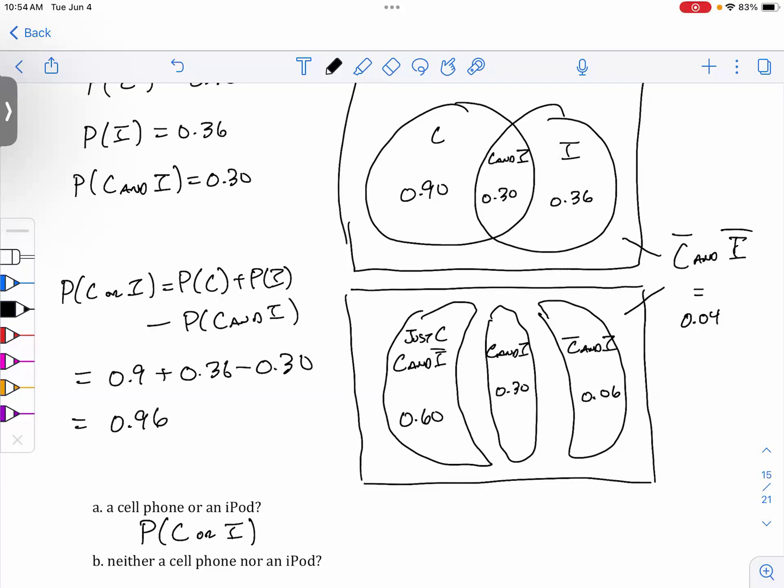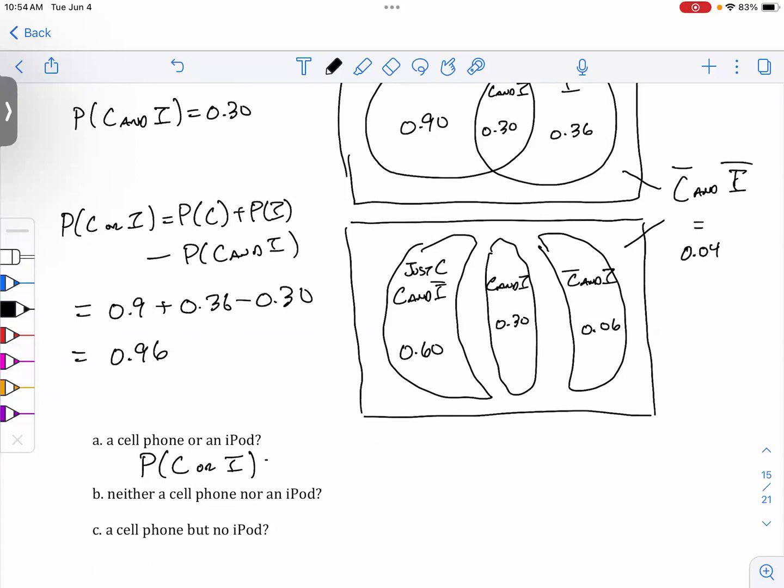But wait a second. That's the summation of those three numbers that I found right there. And that's the really nice thing about drawing the pictures. I can just say, oh, 0.96, because I can just look at the pictures.